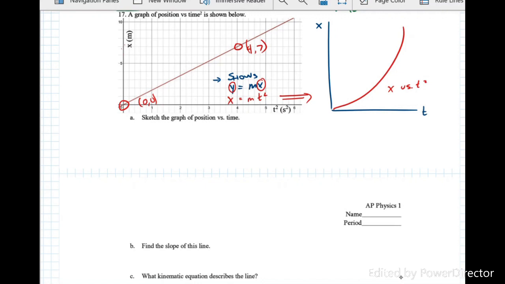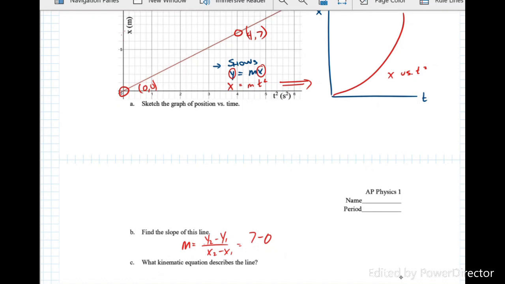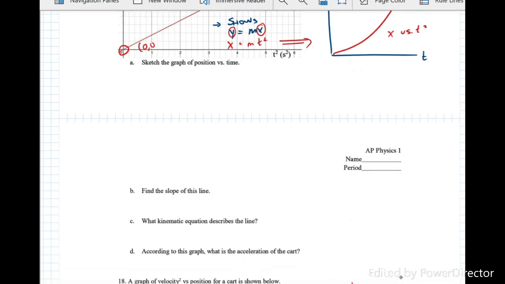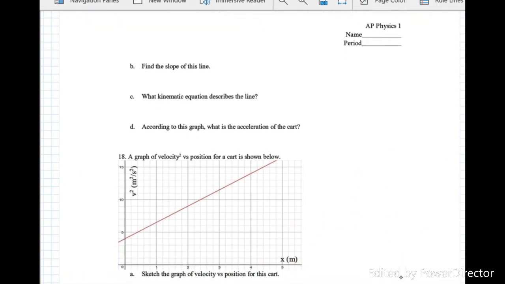So if I'm going to find that slope, the slope of that line is going to be y2 minus y1 over x2 minus x1.